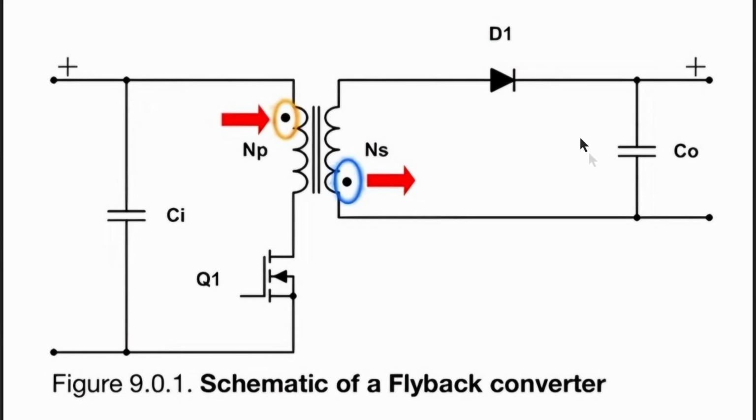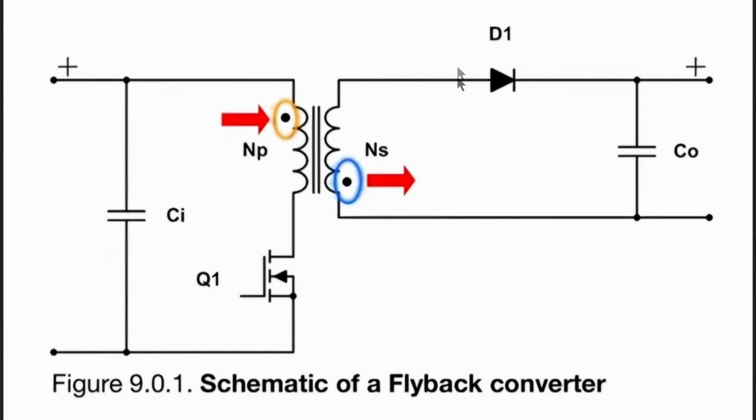This diode is, in fact, on the negative end of this coil. Isn't that interesting? Now, I know that the VIC operates kind of in a flyback type manner, but what I want to specifically point out is that a traditional flyback converter has this diode on the negative end of this coil. And you can see the direction of that current is, as a matter of fact, reversed. Normally in this scenario we would have current flowing in this direction, however this diode stops it from going that way.